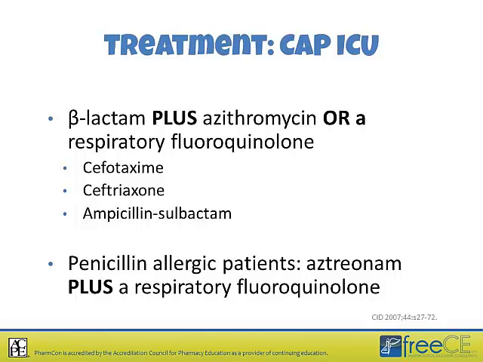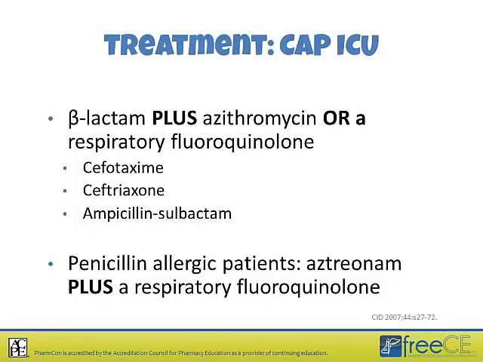At this point, we're going to use a beta-lactam plus azithromycin or a respiratory fluoroquinolone, and so it really, again, looks exactly the same as our non-ICU patients, but they are broken down a bit differently than our community-acquired inpatient non-ICU patient. Someone who's got a penicillin allergy, we would go ahead and use aztreonam plus a respiratory fluoroquinolone again, because we want to make sure we do not miss that atypical coverage, which we're not going to get with our beta-lactam.